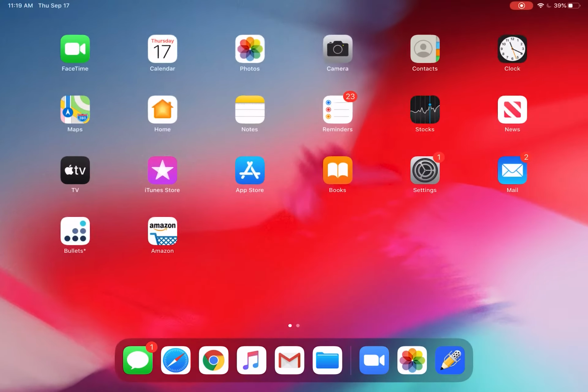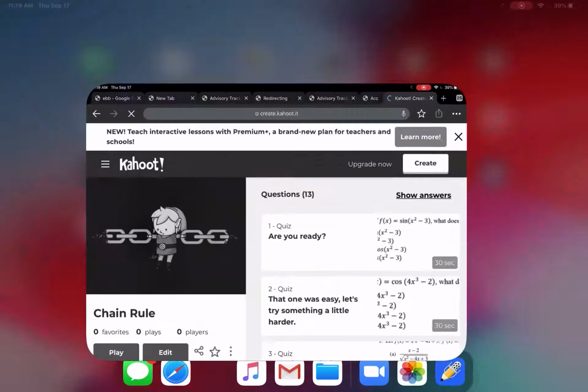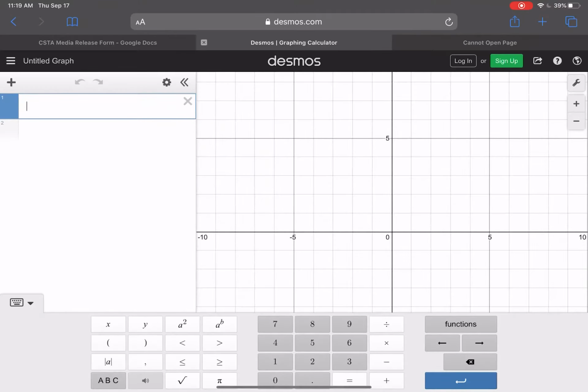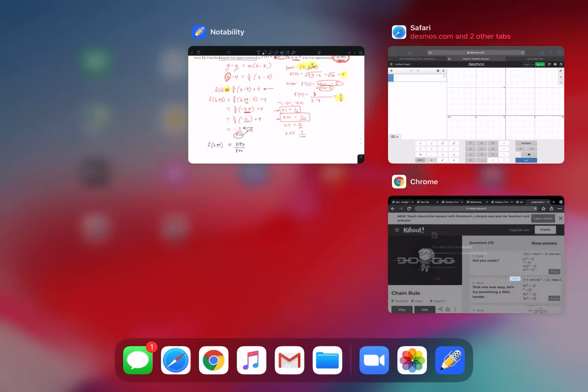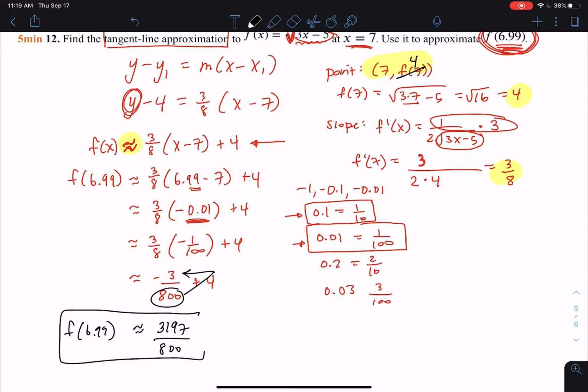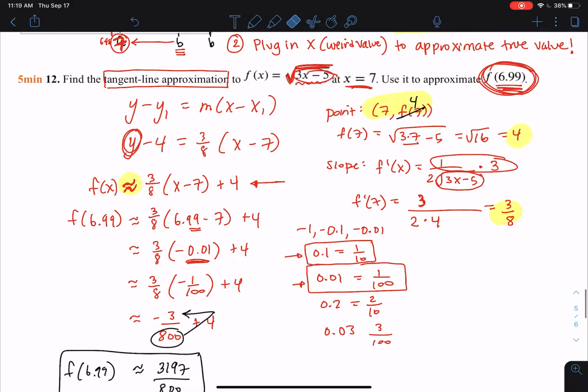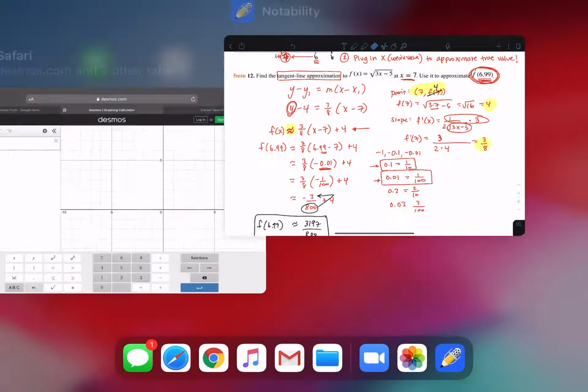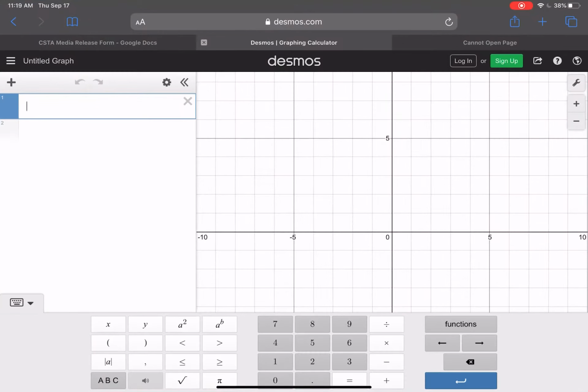And I'm going to blow your minds now. Okay, I'm going to show you what we actually just did. So, we're done by the way. We used this curve, square root of 3x minus 5.